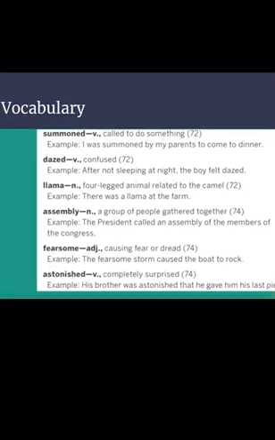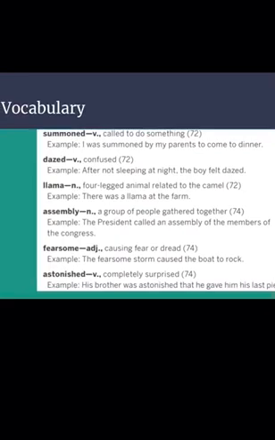Okay, number 3, llama. That is a 4-legged animal that's related to a camel. For example, there was a llama at the farm. Next word, assembly. That's a group of people that are gathered together. So, for example, the president called an assembly of the members of the Congress. Okay, next one, fearsome. That's an adjective.